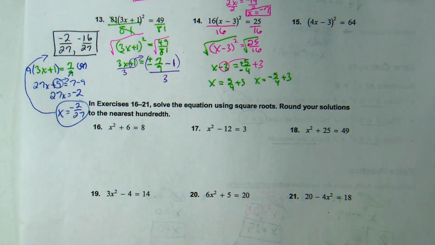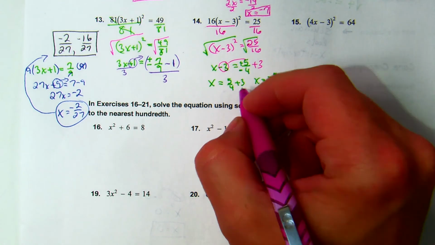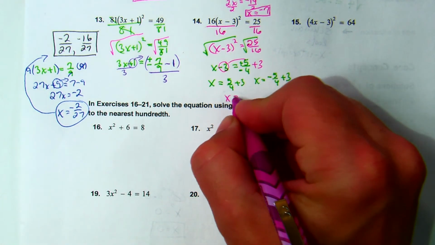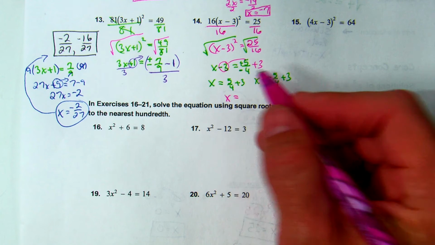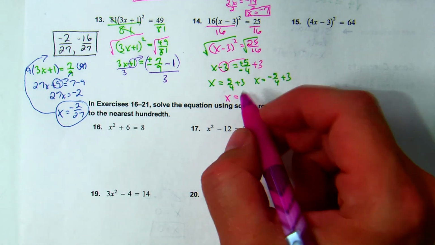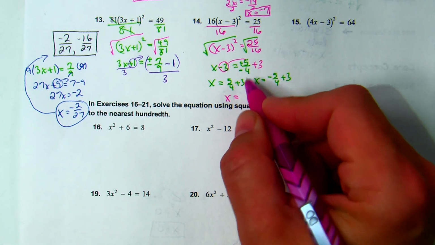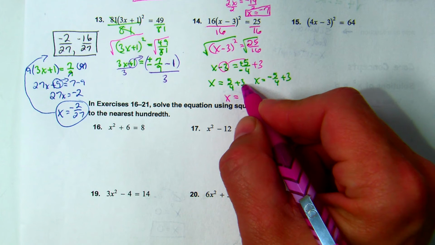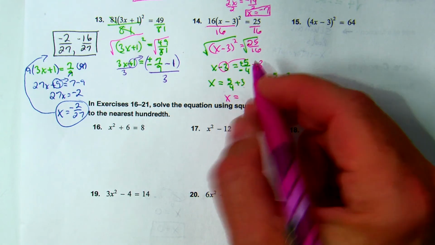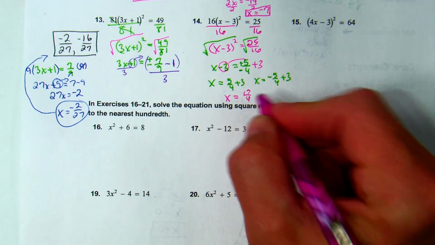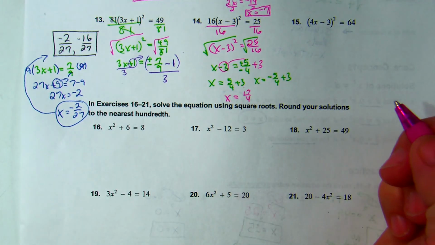When I do that, I'm going to end up with x equal to, when I add these together, you can do it on the calculator, then change it back to a fraction if you want to, or just get a common denominator. With a common denominator of 4, 3 times 4 is 12, so 12 over 4 plus 5 over 4 is 17 over 4. So that's one of my options.